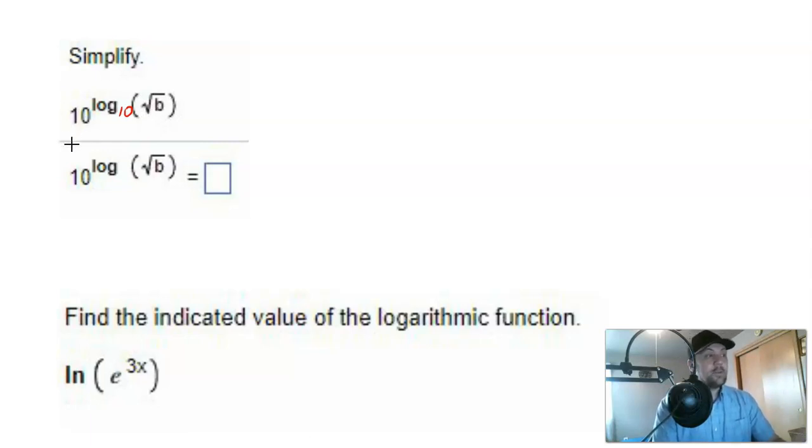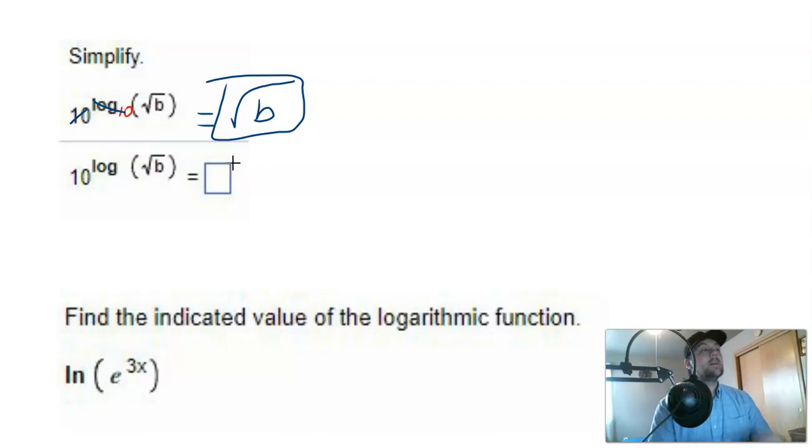What's going to happen here, using the rules that we just looked at, is that the base 10 exponent cancels out with the log base 10, and we just get square root of b as a result. So the base of the exponent and the logarithm of the same base cancel each other out, and whatever's inside the logarithm is all that you have left.